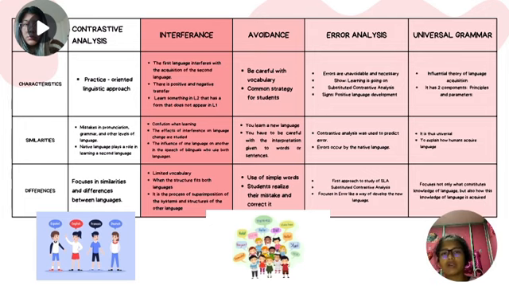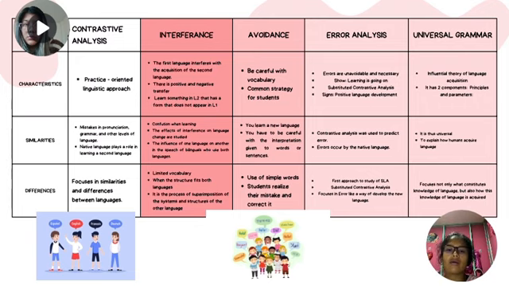Now, the difference between them is that contrastive analysis focuses on similarities and differences among languages, and error analysis was the first approach to study second language acquisition, and it substituted contrastive analysis. And of course, it focuses on error as a way of developing the new language.